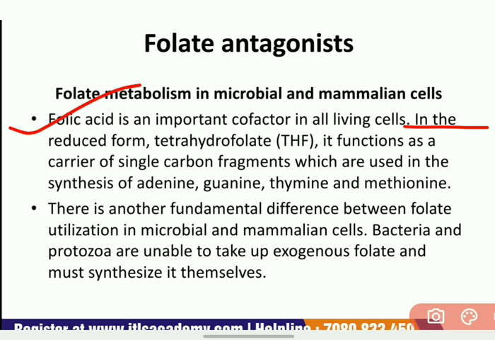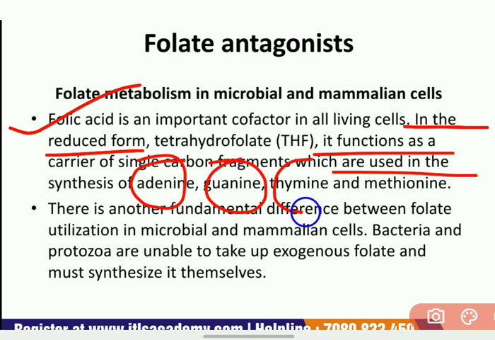In the reduced form, tetrahydrofolate or THF, it functions as a carrier of single carbon fragments which are used in the synthesis of adenine, guanine, thymine and methionine.